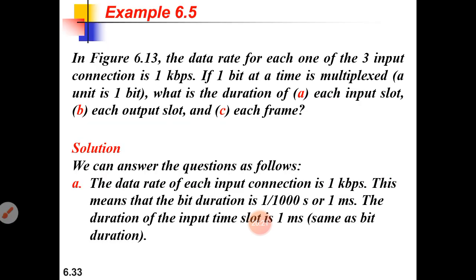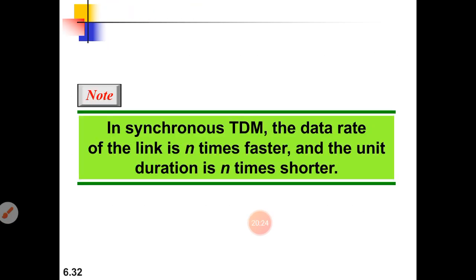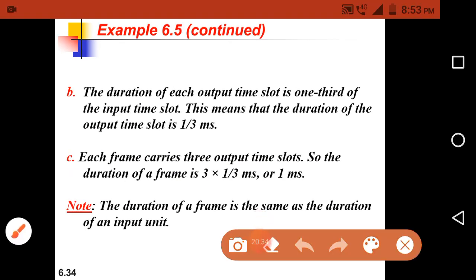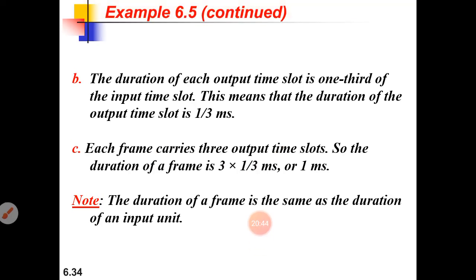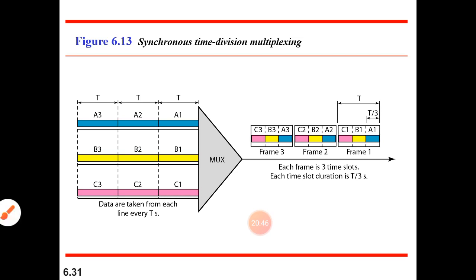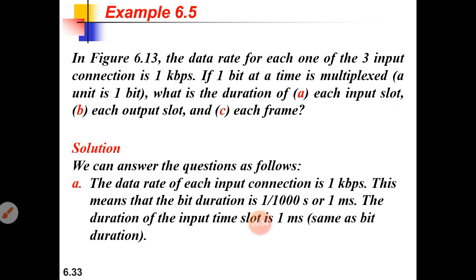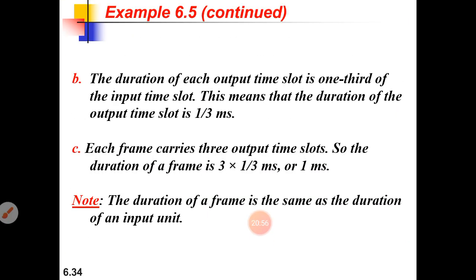The duration of the frame is T, and the value of T is what we calculated in the first section, 1 millisecond. So that is the duration of each frame. Note that the duration of the frame is the same as the duration of the input time, meaning the duration of each data unit is the same as the duration of the frame. So this is one problem they have given here.